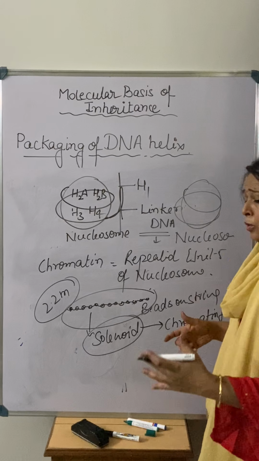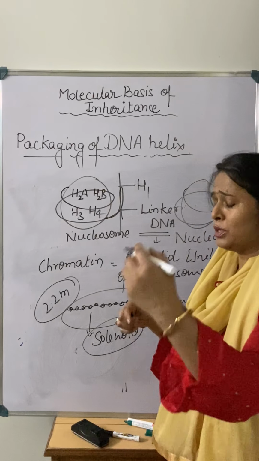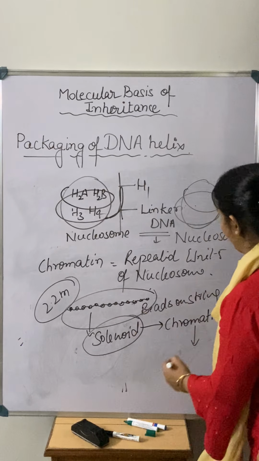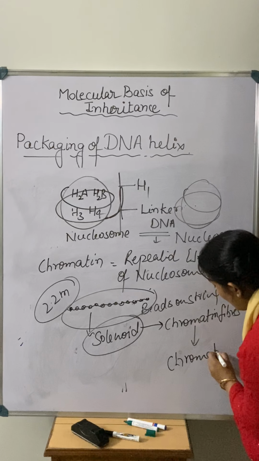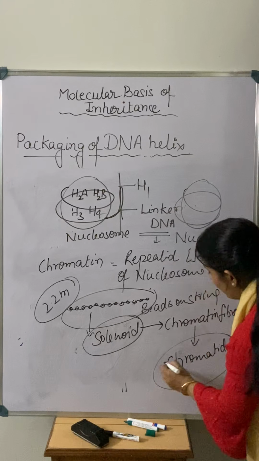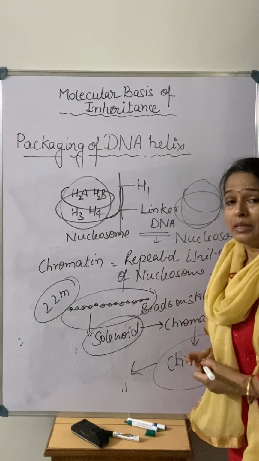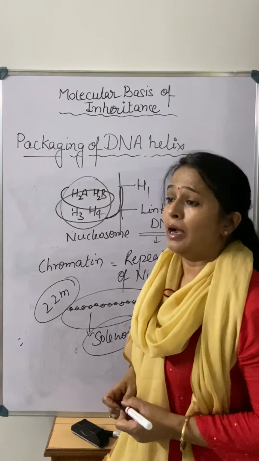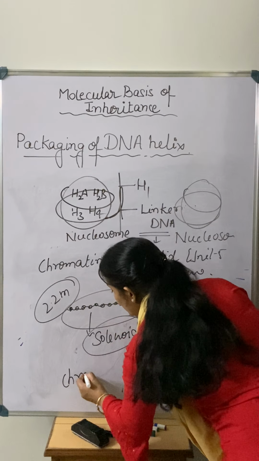Chromatin fibers again are going to be more coiled. With this packaging, more nucleosomes are going to be packed that way. They make the chromatid. And these chromatids, when the cell is going to divide, at that time become condensed at metaphase, and we see them as a chromosome.